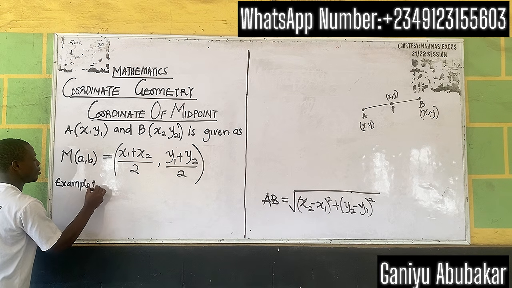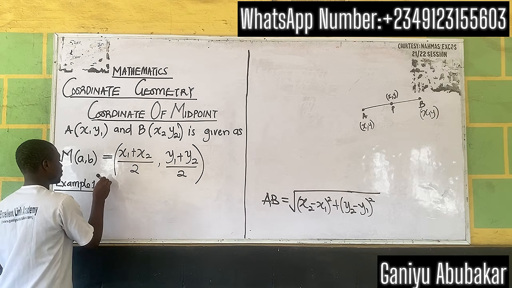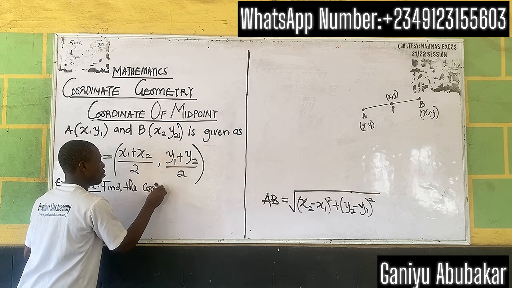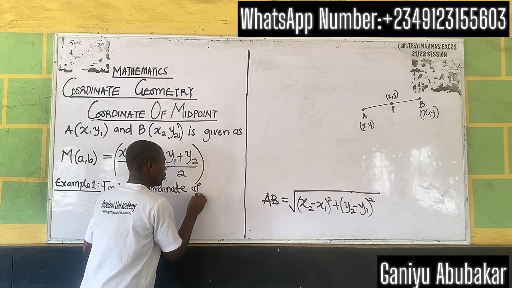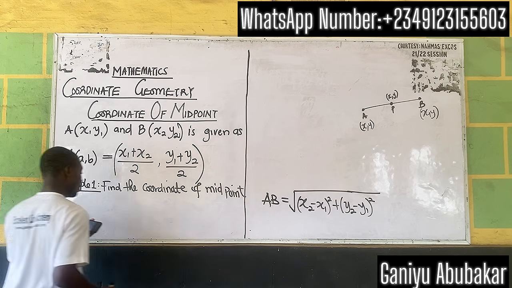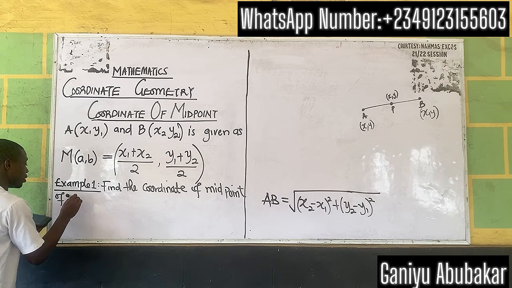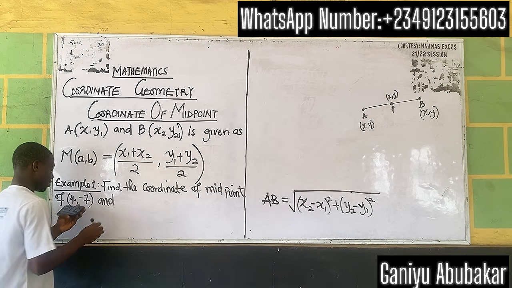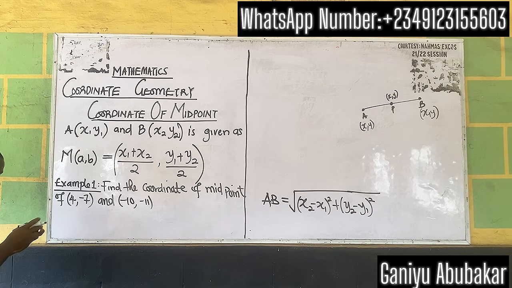It says find the coordinate of midpoint of (4, -7) and (-10, -11).